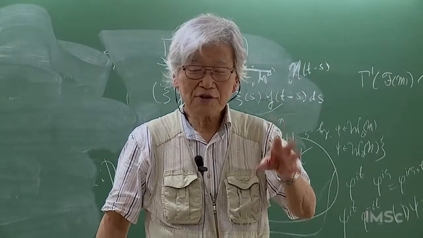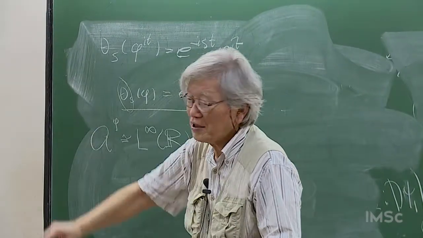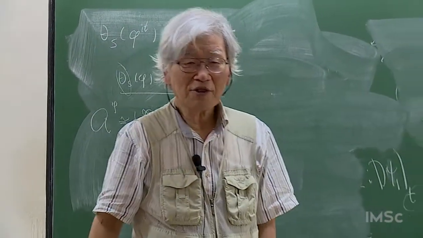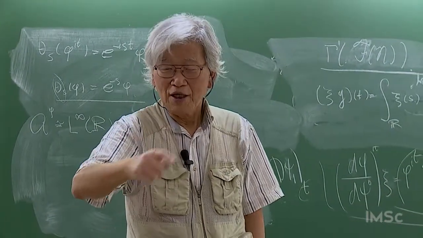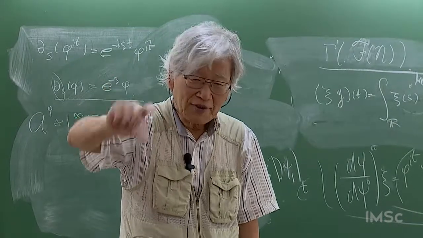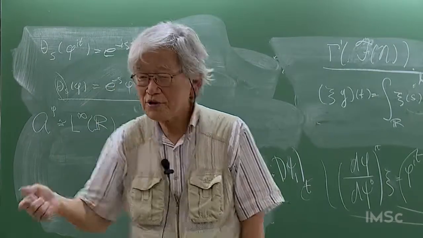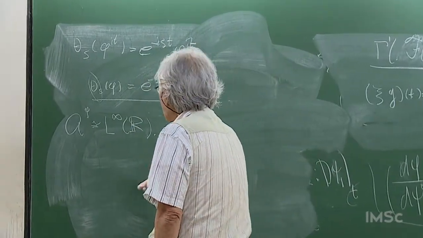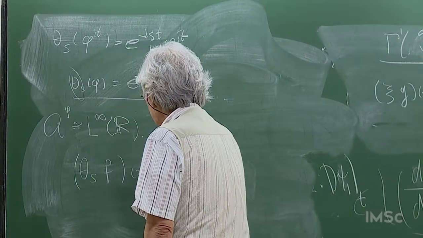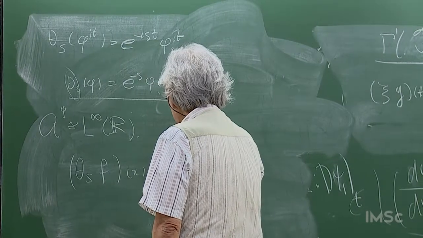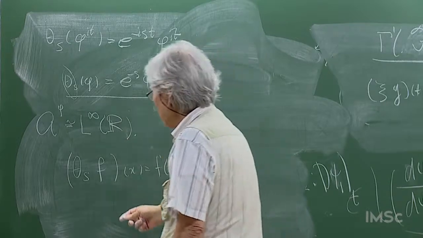Well, theta is not unitary, but you can make it unitary by considering the crossed product, where U of S and phi to the it satisfy the Weyl commutation relation. So it is unique, and it is L2 of R. And theta S of f of X equals f of X plus S. If you do that, then you have no more choice.